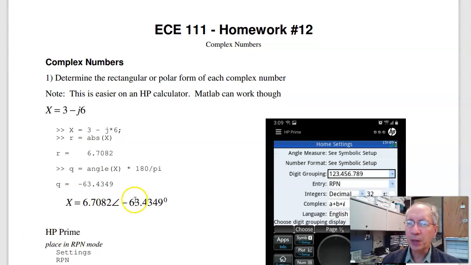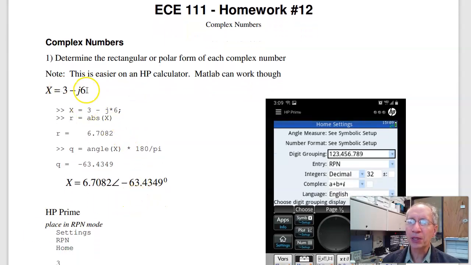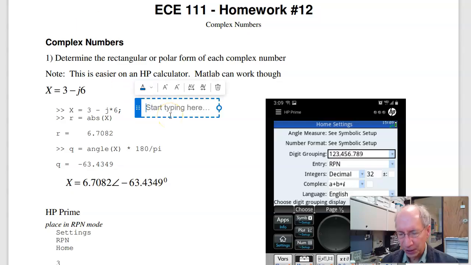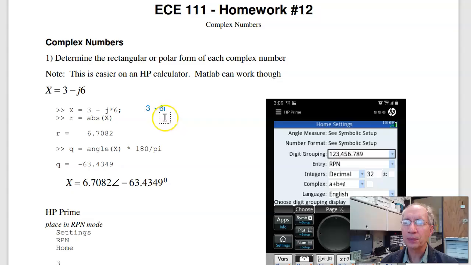So the first problem is, given a complex number, 3 minus j6, represent it in rectangular and polar form. In Matlab, I input the number as 3 minus j times 6. I can also say 3 minus 6i. Matlab will accept that as well.